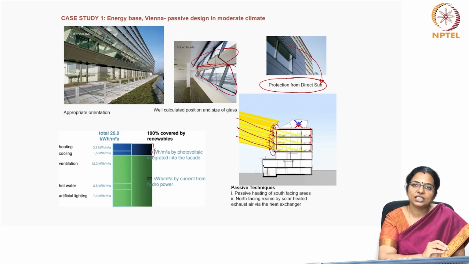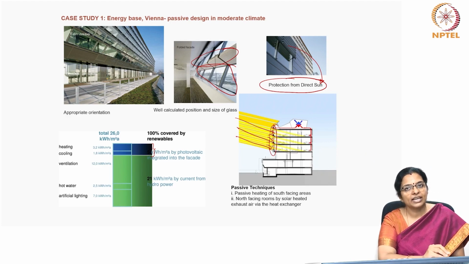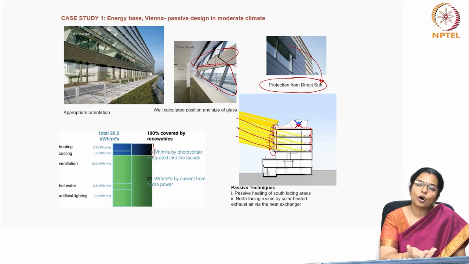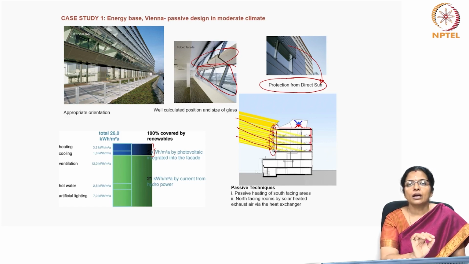How orientation as a principle is used for energy efficiency we have seen already. But we have seen for what climate type, what orientation is best. So, today we have seen the application and principles of simple passive techniques, and we have seen just one or two simple passive techniques and how they are used in case studies. Much more detailed information on all these will come in the forthcoming classes.